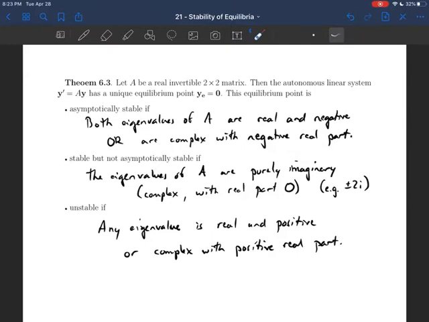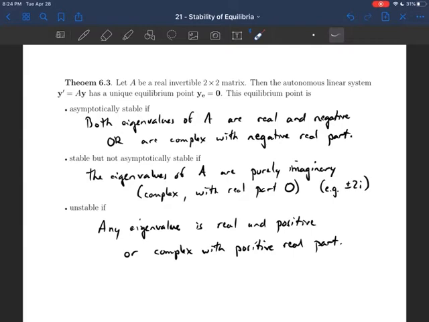All right, and here we're relying on the fact that eigenvalues of real matrices are complex conjugates. If they're complex, they come in conjugate pairs, which means that their real parts are always the same. So it's not possible to have a negative real part and a positive real part in the same set of eigenvalues. So these are our conditions.